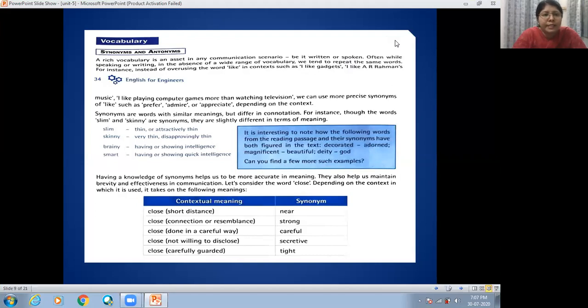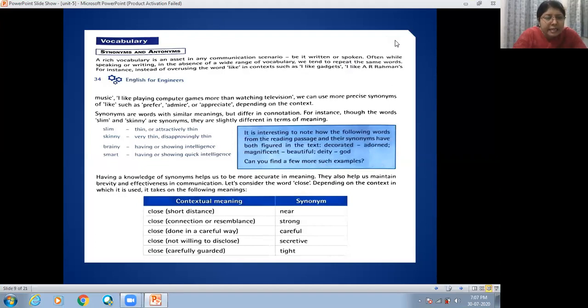Now we'll continue with the lesson that is second unit, Ancient Indian Architecture. So here under vocabulary, we have synonyms and antonyms. Now what is given there? A rich vocabulary is an asset in any communication scenario, be it written or spoken. Often while speaking or writing, in the absence of a wide range of vocabulary, we tend to repeat the same words.